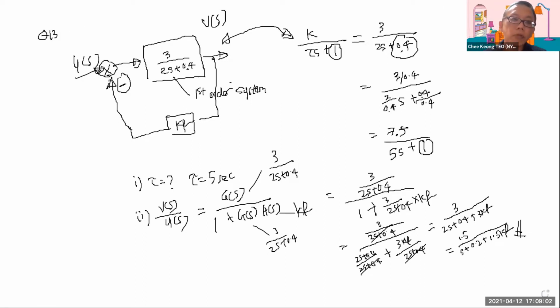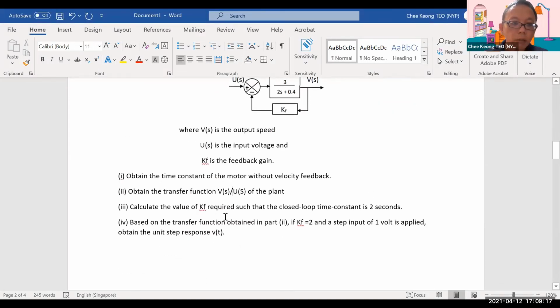Now what about part 3? Let's take a look at the question. For part 3, they ask you to calculate the kf required such that the closed loop time constant is 2 seconds. Bear in mind, this is the closed loop time constant.